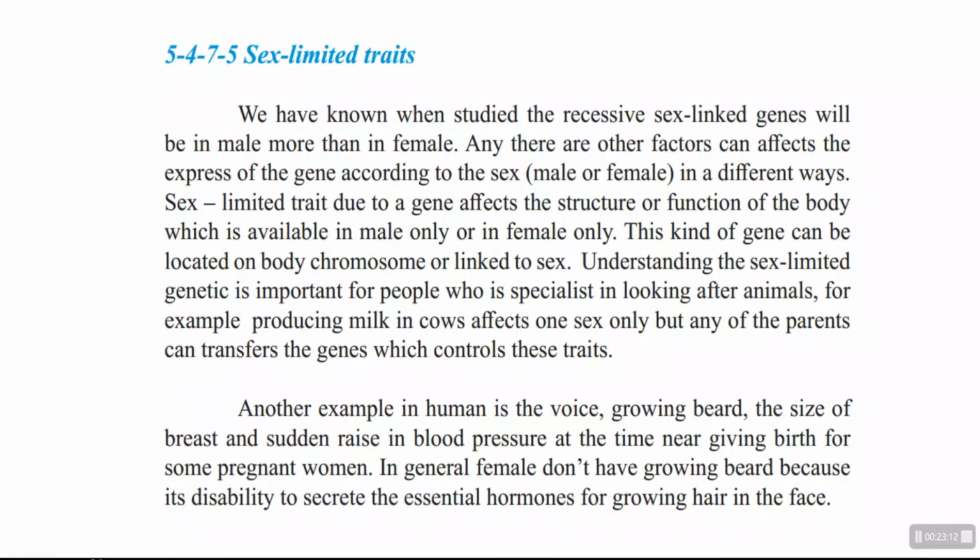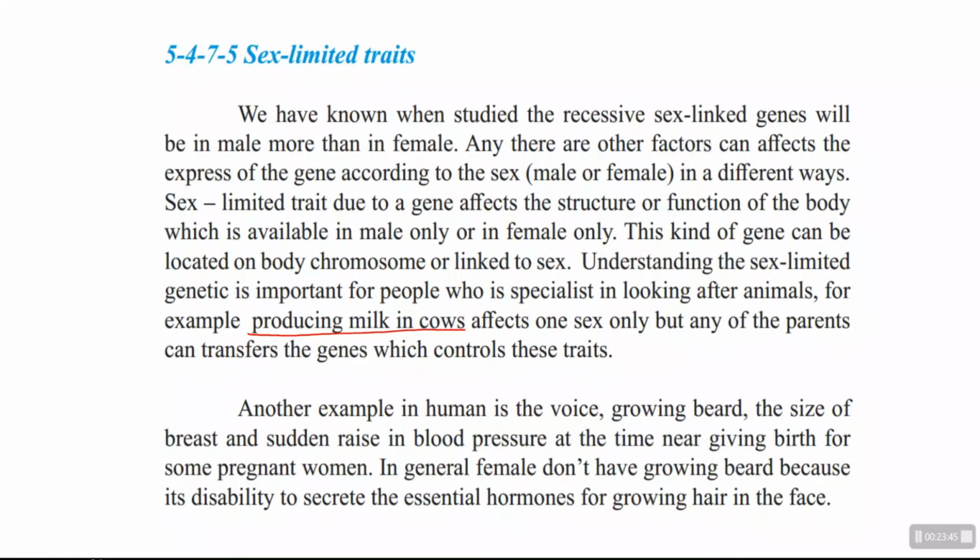It affects one sex only, but any of the parents can transfer the gene that controls this trait. It means the cow gives milk, so in breeding or mating for the next generation, to produce new cattle that give more milk, the male is also important, because the gene is transported by male and female, but shows its effect only in female, about milk in cows.